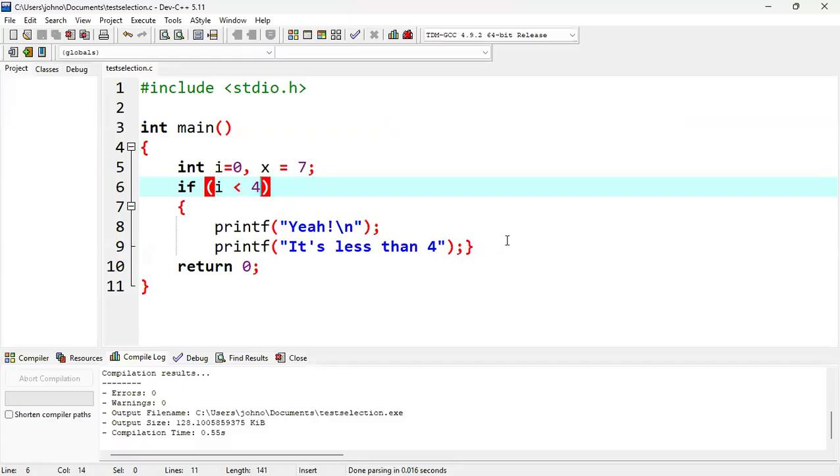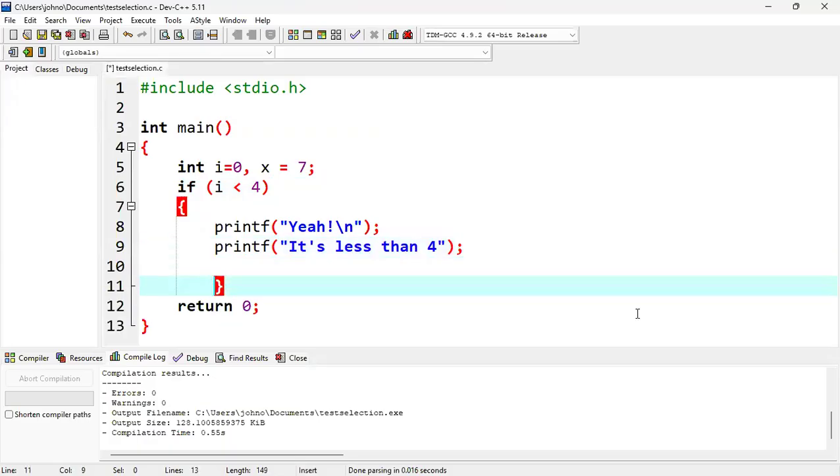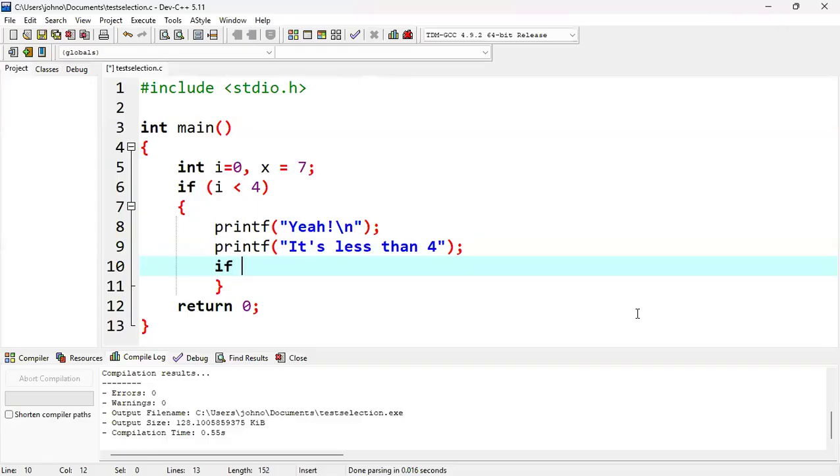So we can do something like this. We can say if I is less than 4, and then we get into the body of this. I can say again if x is greater than I.